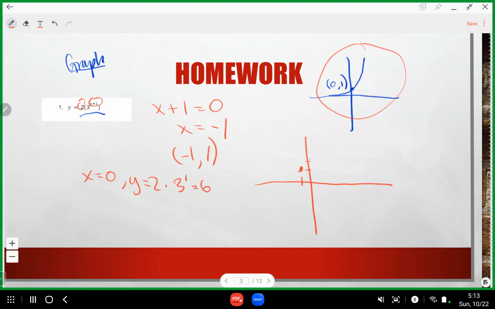So something like this. And you see the horizontal asymptote is still there because, again, there are no y coordinate changes or shifts.